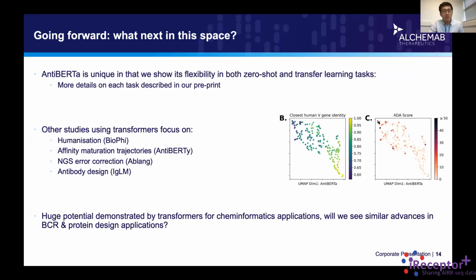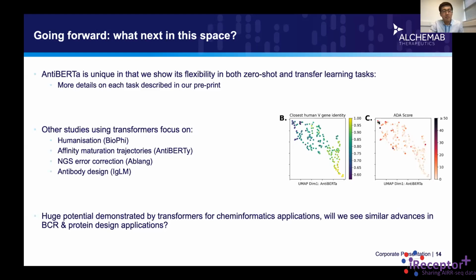And it's really interesting how the different papers I mentioned all saw transformers as a platform to do things like humanization, affinity maturation, antibody design, or error correction. And again, it's really about finding the overlap between the lab use case and how you codify that.